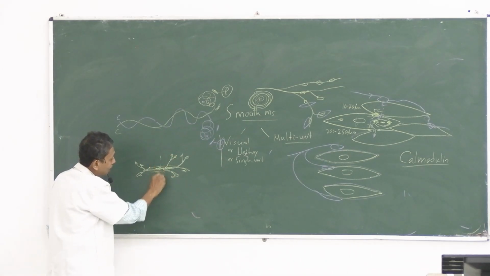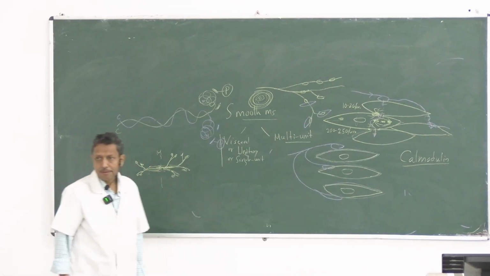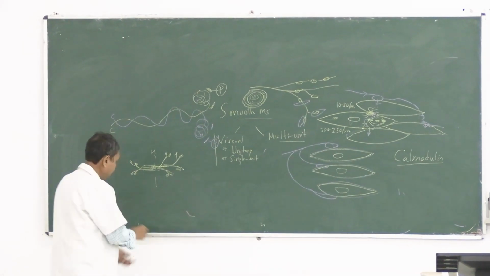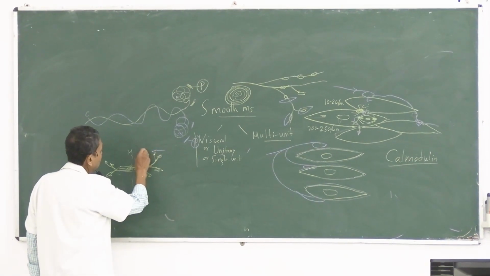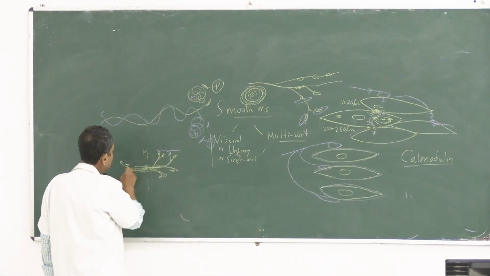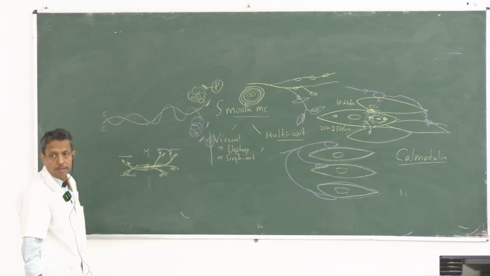In the center is the M line, you can remember, in skeletal muscle, and the myosin can bind with the actin and move in this way, and contraction is possible.